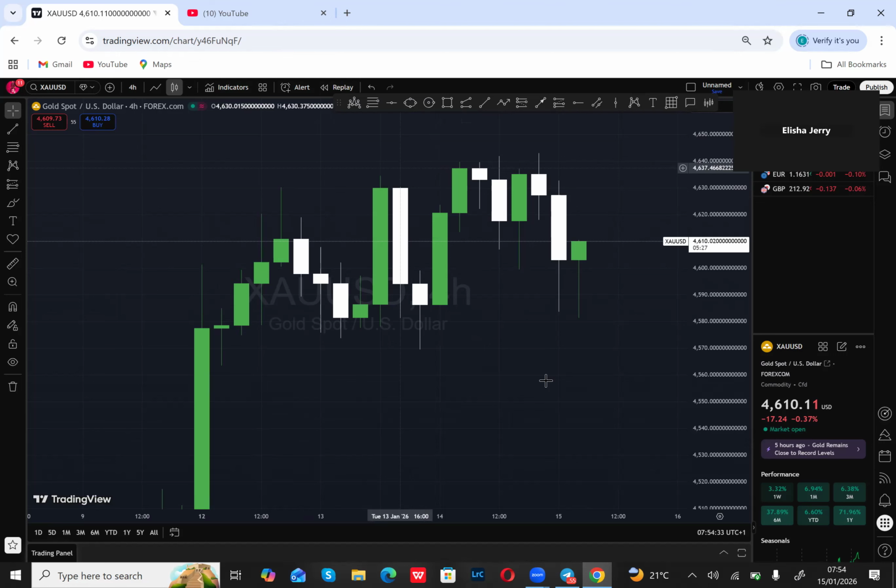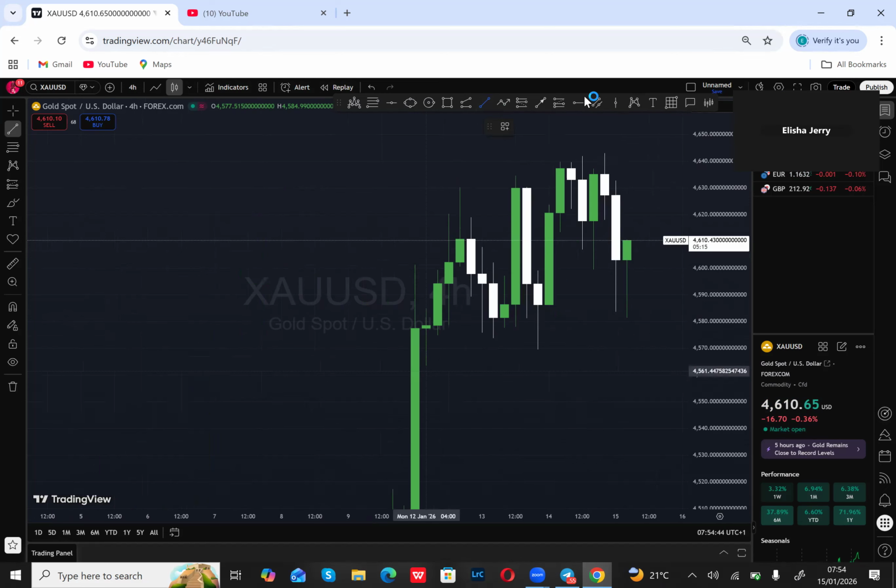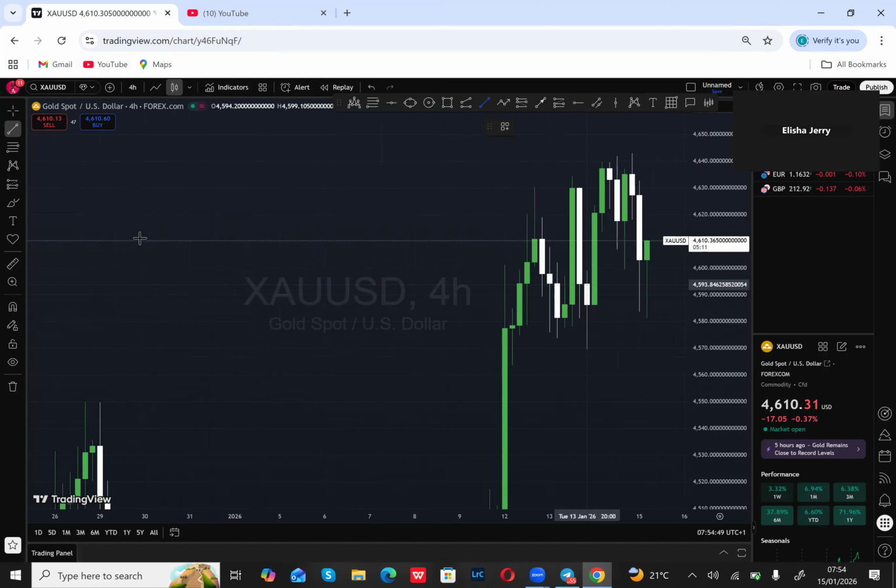Okay, so whatever you trade, you still would have gotten a setup. Whether you trade trend line, support and resistance, just make sure you are following the trend. And what's the trend? The trend is an uptrend. So you want to just follow what the market is doing.